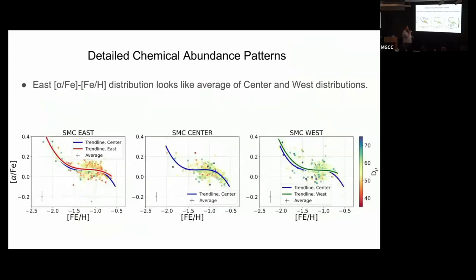Okay, what happened then with the abundances? The abundance pattern from the east seems like an average of the center and the west, with a difference just in the metal-rich tail, I think.